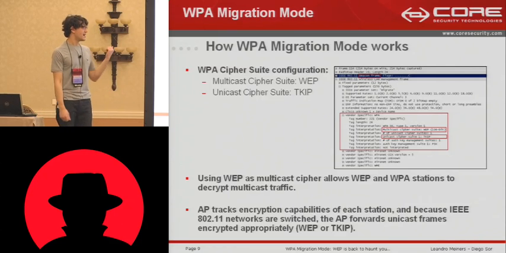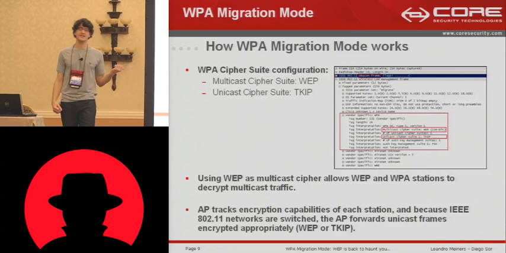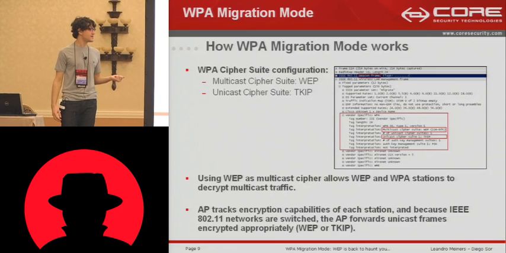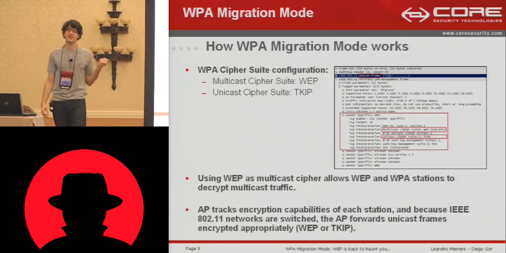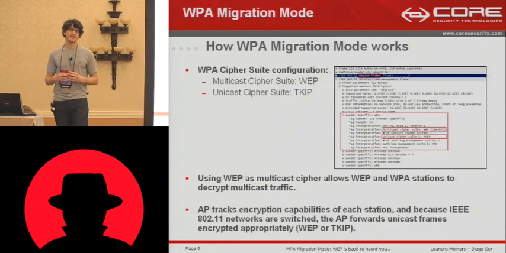Remember that 802.11 wireless, or Wi-Fi in general, is a switched network. So the AP forwards each packet to each station, taking into account the type of encryption the station is using. If the station is using WEP, the unicast packet will go in WEP.